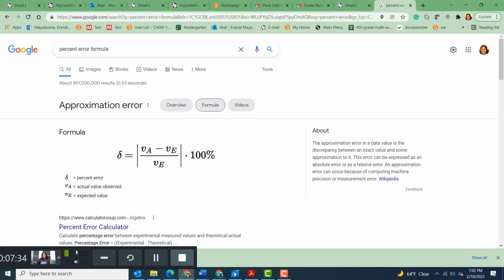Basically, you get the difference, 2.53, divide by 13.47, times 100, which is 18% error.